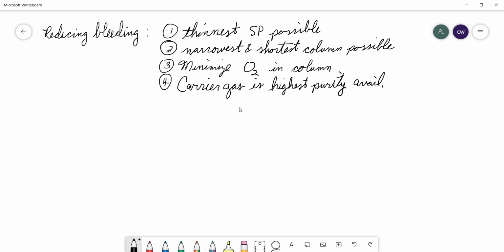Because we know the expression 2H2 plus O2 becomes water in the presence of heat. It's also known as an explosive situation, right?